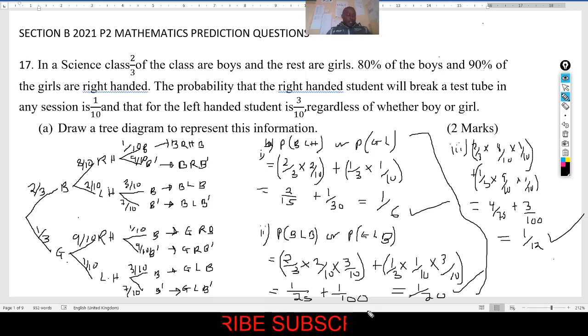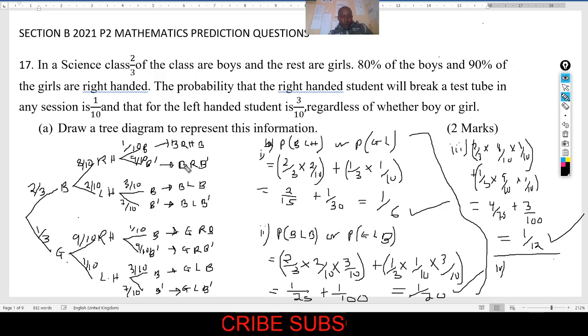Now finally the question is the probability that a test tube is not broken in any session. That is very simple. It is the probability that it's not broken in 9 sessions.